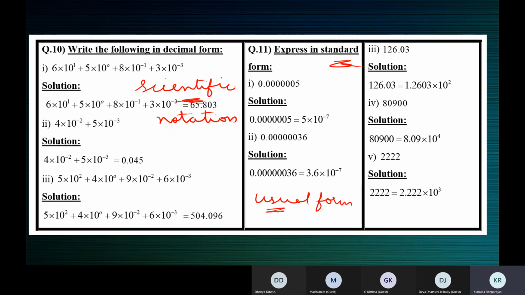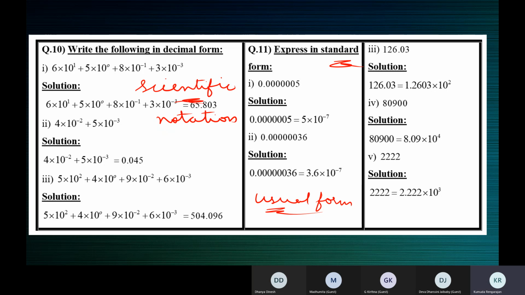The other one is the usual form. So either the given expression will be in the usual form and you have to put it in the standard form, or it will be given in the standard form and you have to write it in the usual form. It's just juggling between these two.